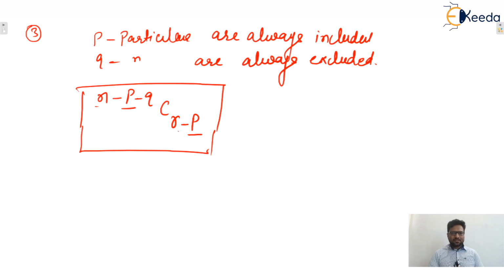Whatever we learned in today's lecture was basic combinations in which all objects are different, and we saw restricted combinations also. In the next lecture we'll see the total number of combinations when some objects are identical. That will be our next task. I hope this one is clear to everyone.